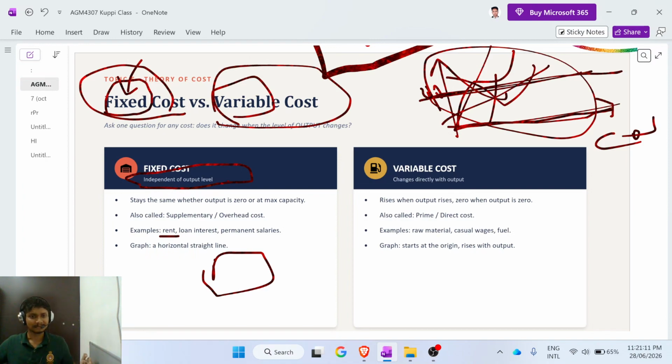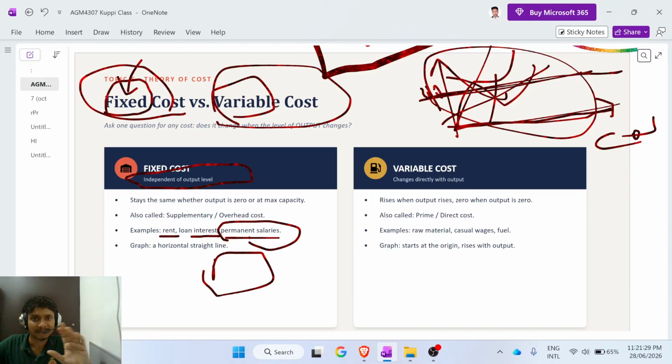For example, rent, loan interest, permanent salaries. If there are any permanent employees, I have to pay permanent salaries for them.